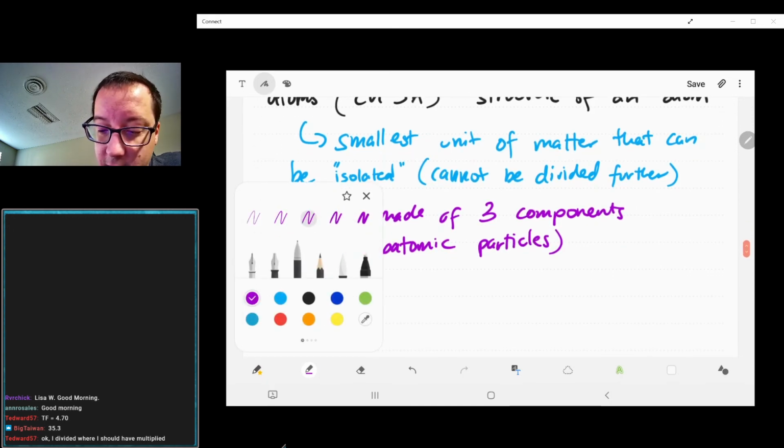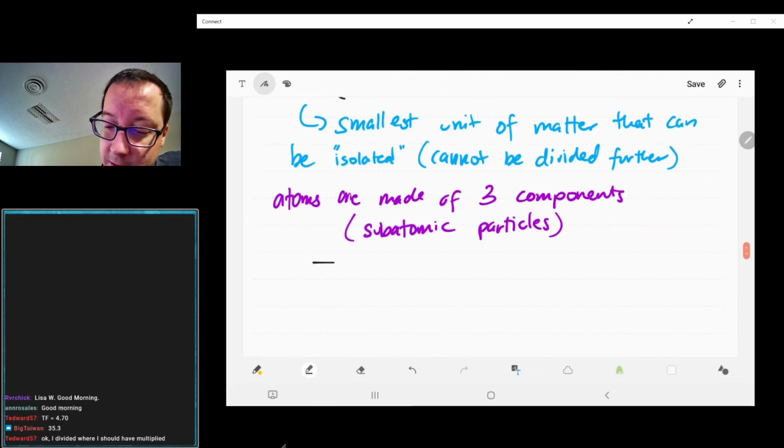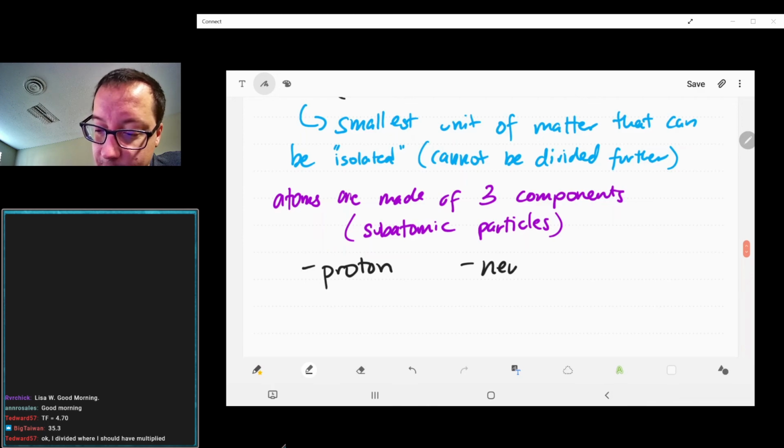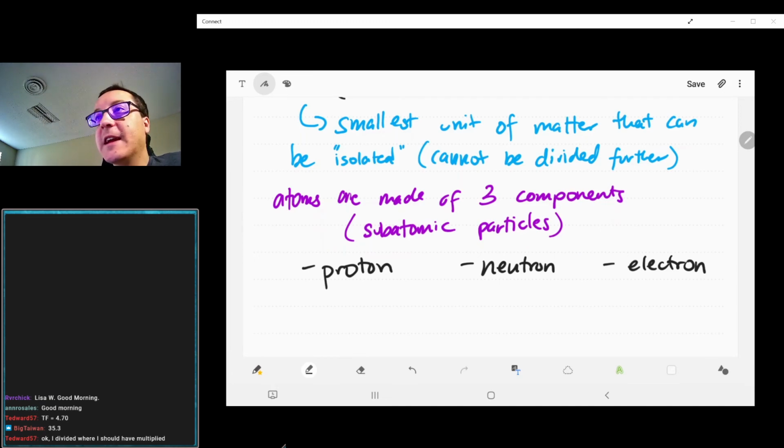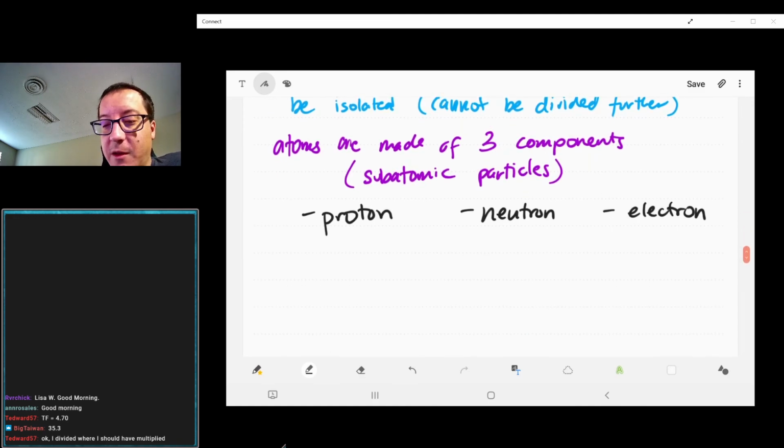And those 3 particles are going to be the proton, the neutron, and the electron. So we're going to have our 3 subatomic particles here. You've probably heard about them. You probably know what they are. This is probably going to be just a review for you, but that's okay. We're going to go over them anyways. So we have 3 subatomic particles here that are going to make up our atoms.